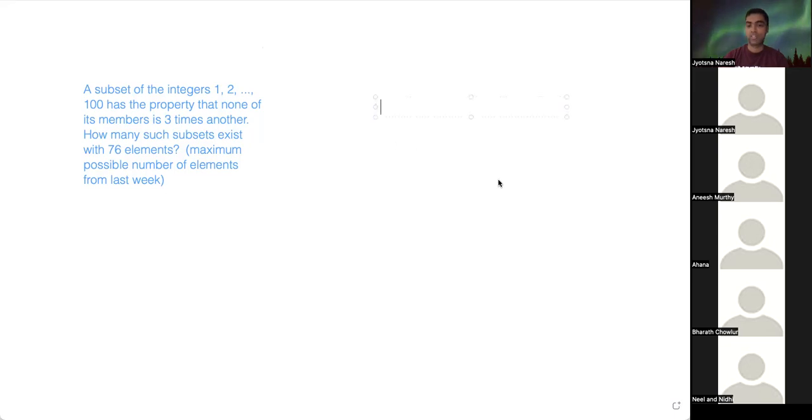Okay, this is a little bit harder, but maybe someone remind me first the approach we took to confirm that 76 was the maximum, and what was the idea we did there? And let's start with that to count the number of subsets.